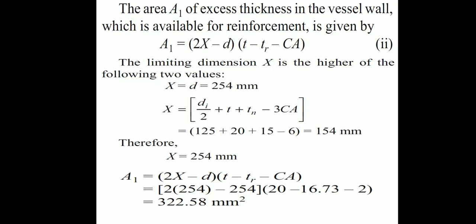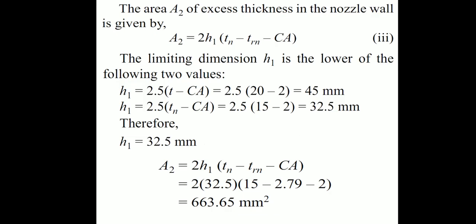Therefore, taking x equal to 254 mm, since the value 254 mm is large, and substituting these values, we get area 1 equal to 322.58 mm square.